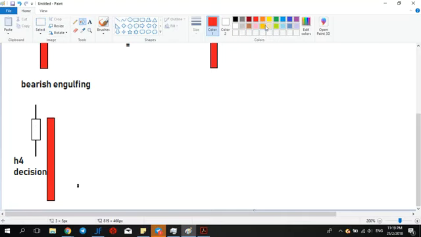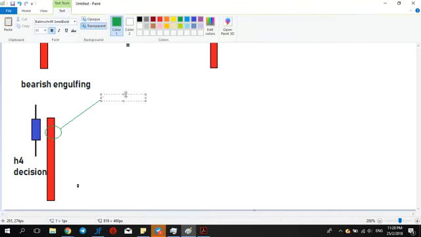Got a H4 decision, and inside here you got M5 decision.